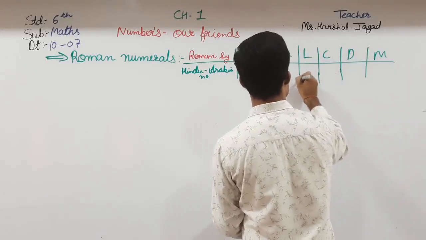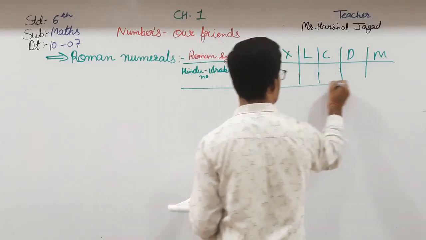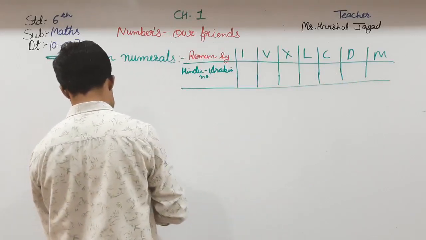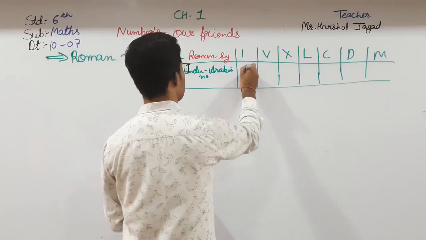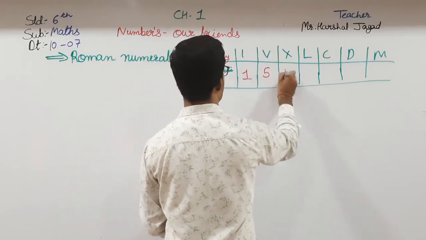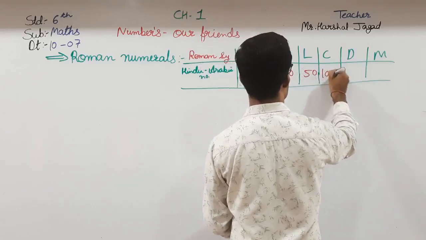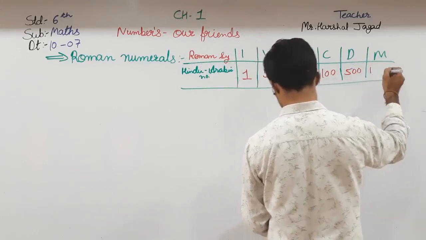So here you can see a table which I am just drawing. 1, 5, 10, 50, sorry, 100, 500, and 1000.